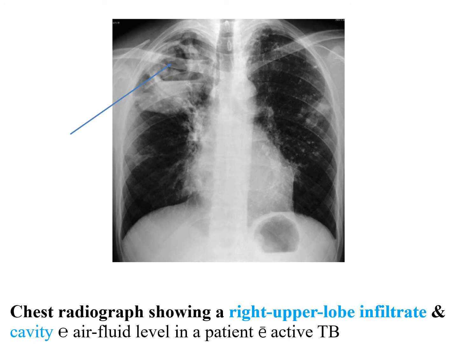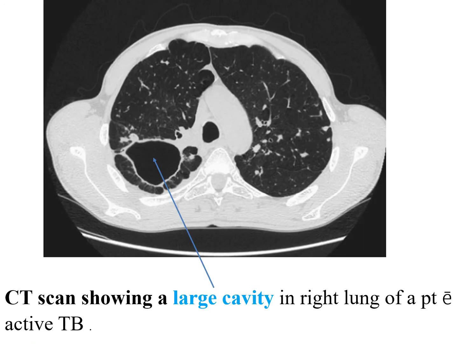Cavity with fluid level. The blue arrow: a large cavity. CT scan showing a large cavity in the right lung of a patient with active TB.